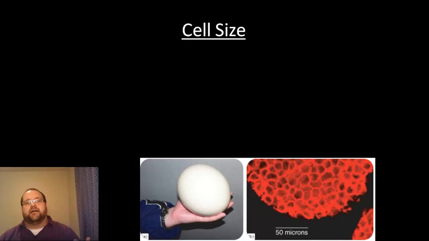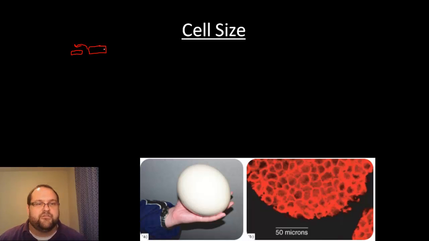Okay, another last important concept that I want to talk about is cell size. So how big are cells? Now, if you think about all these little organisms living in the water, you would think that a bigger single-celled organism would be better, because the bigger one could eat the littler one.